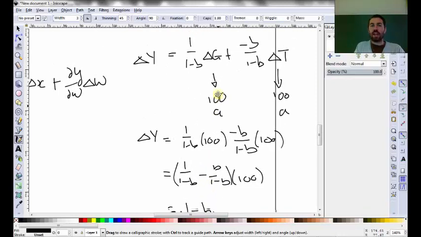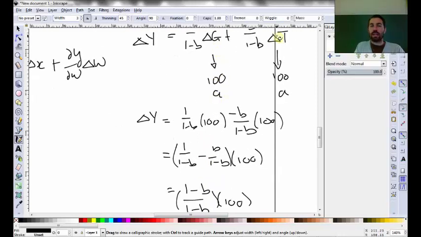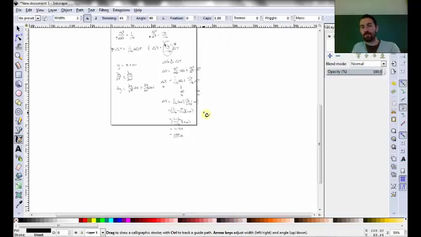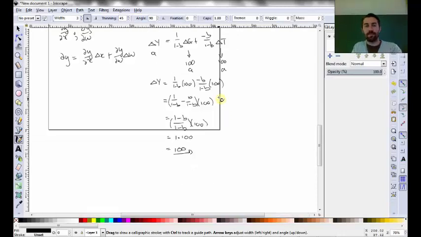So if I change government spending by some amount A and I change my taxes by the same amount A, my change in Y will be equal to A.